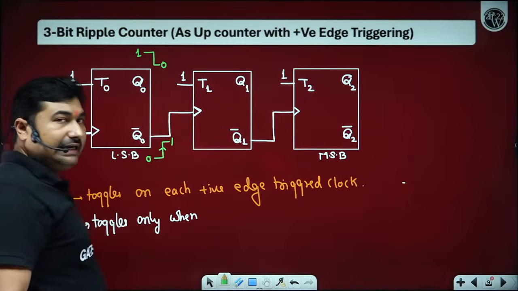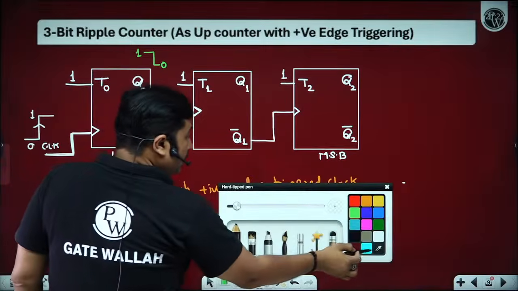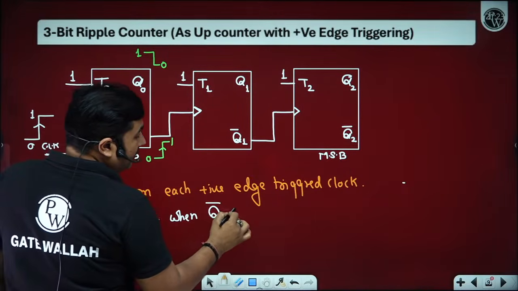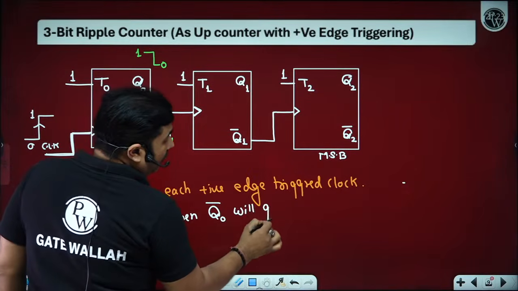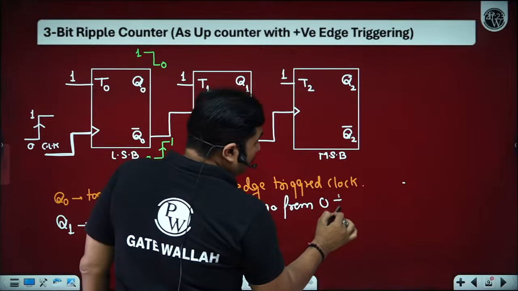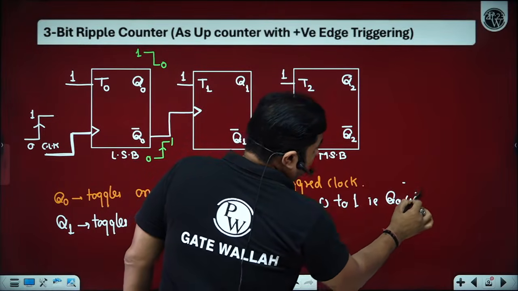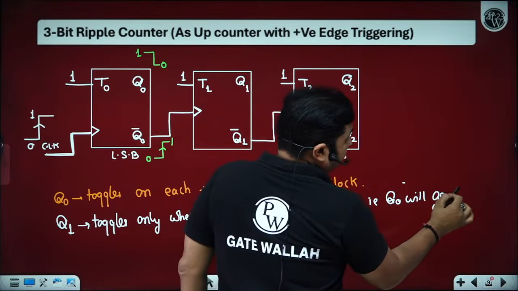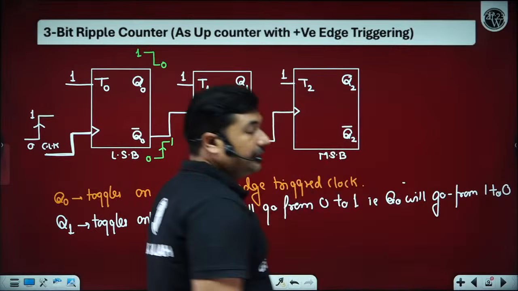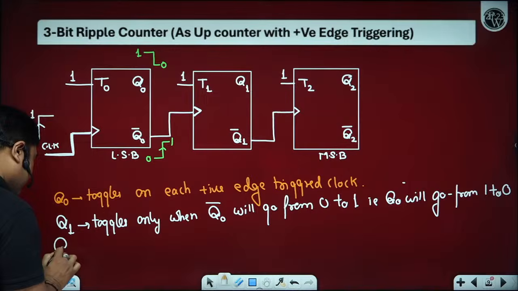So that indicates Q1 toggles only when Q0 bar goes from 0 to 1, that is, Q0 goes from 1 to 0. How many of you are able to understand? Great. Now please observe the same for Q2.